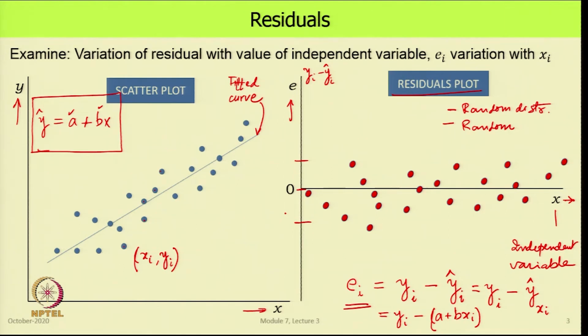And since there is no variation in the distribution of residuals with x, we are fairly confident that the regression we got, which is this one, is justified. So, this would be an ideal case.